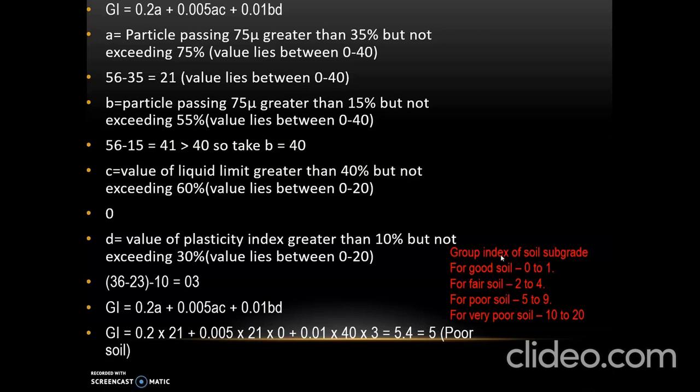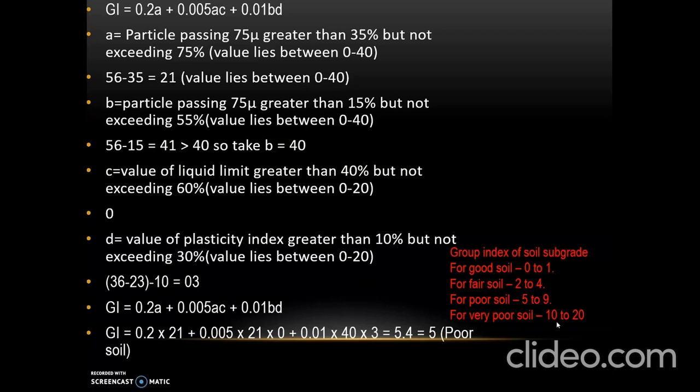We know the range for which the soil can be classified as good, fair, poor or very poor soil. If GI value lies between 0 to 1, then we say that it is good soil. If it is from 2 to 4, then it will be fair soil. If it is from 5 to 9, it is poor soil.